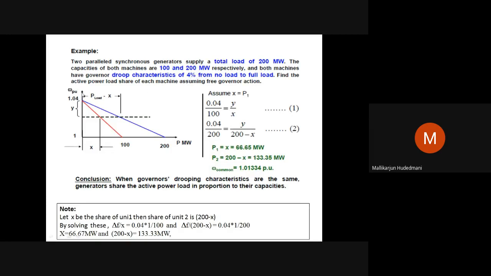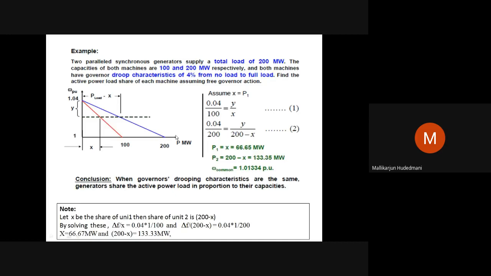Go up here, mark the 1.05, and from there, join to the 200 line. So, if it is 4%, from the same point I am drawing one line to 100 megawatt. From the same 4%, 1.04, I am drawing a line to 200 megawatt. Graphically, this I have to understand.